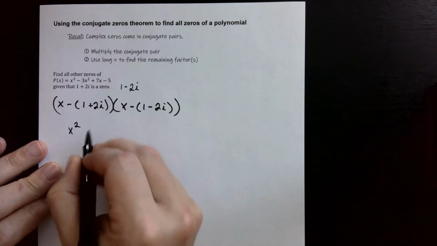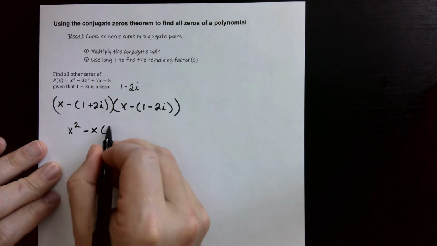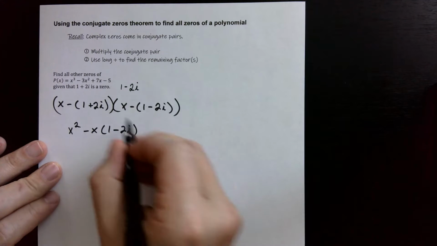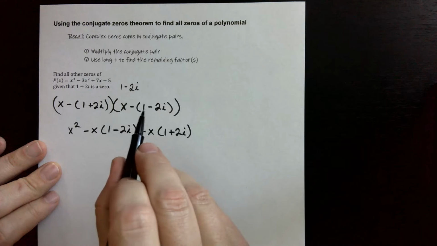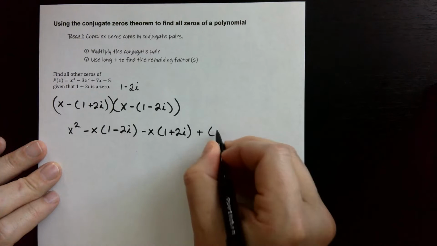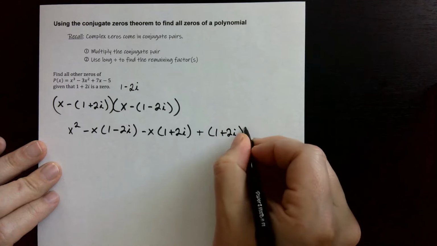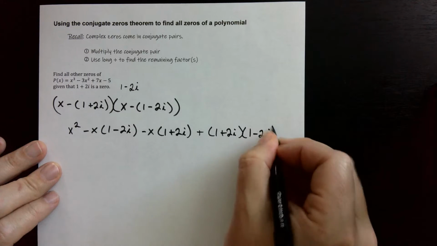X times this term is negative x times (1 minus 2i). X times this term is negative x times (1 plus 2i), and then the last two terms multiplied will be positive because it's a negative times a negative, and it's (1 plus 2i) times (1 minus 2i).